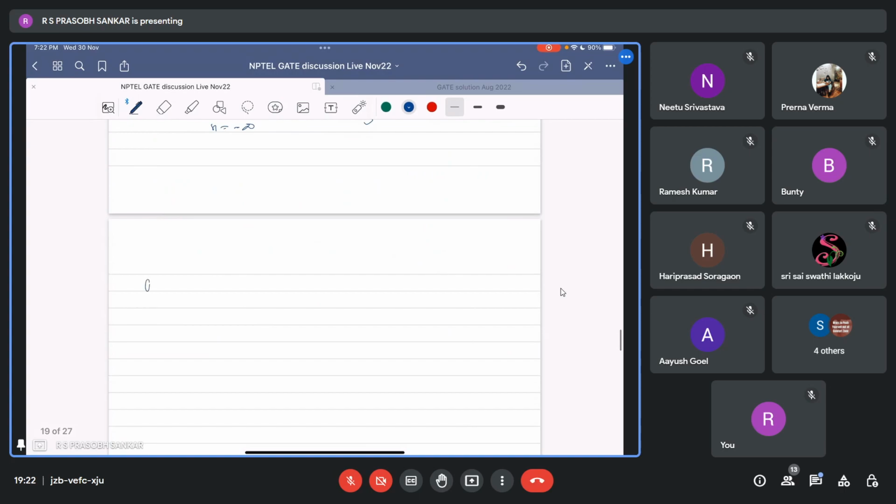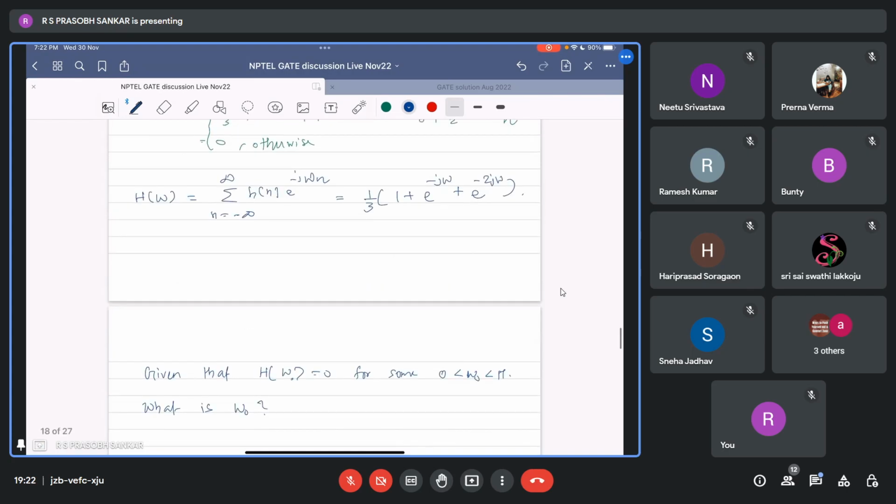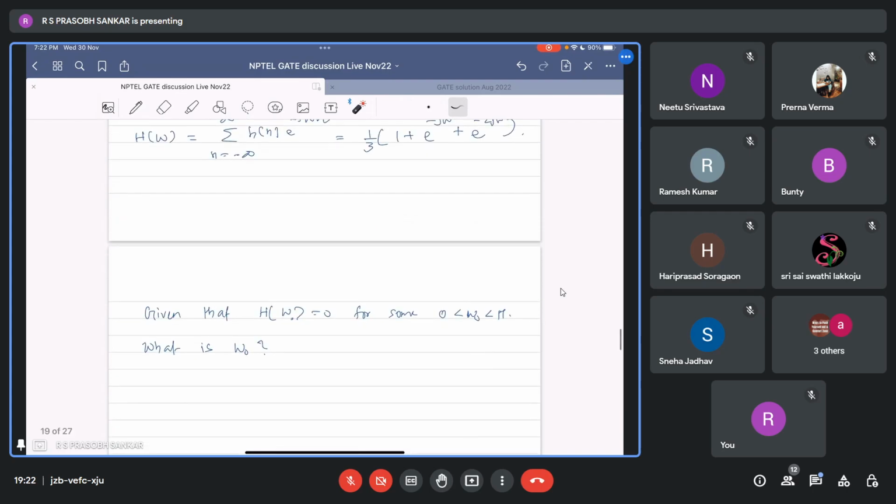Now it is given that H of omega naught is 0 for some 0 less than omega naught less than pi. What is omega naught? That's the question. So we have H of omega to be 1 upon 3 times 1 plus e power minus j omega plus e power minus 2j omega.